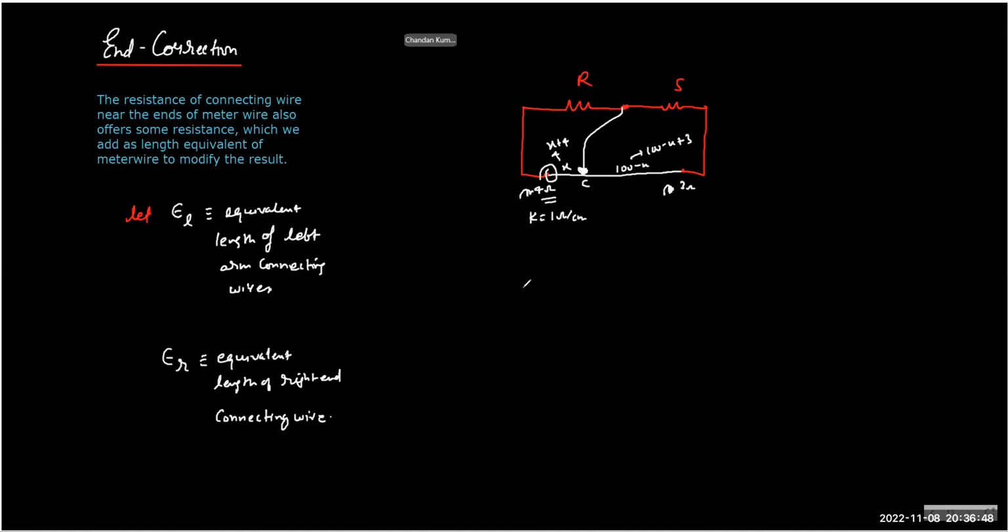Okay. So R by S, earlier you should write kx upon, but we applied x plus epsilon L. That's it. So R turns out to how much? Add the end correction. That's it.